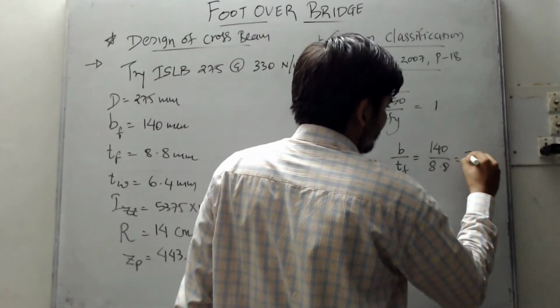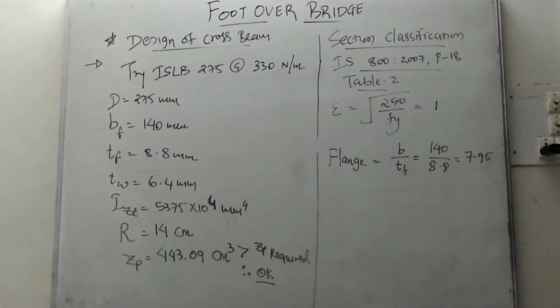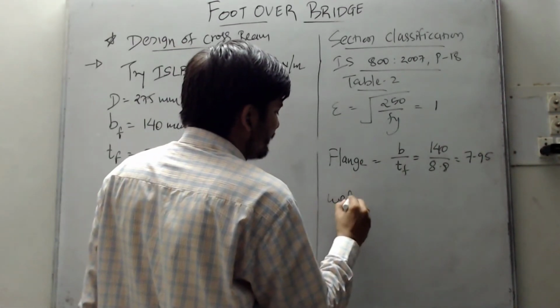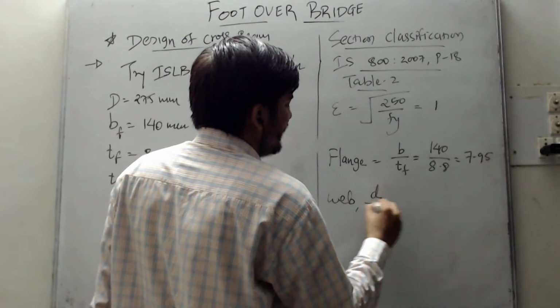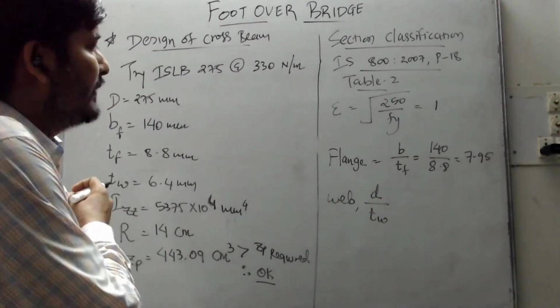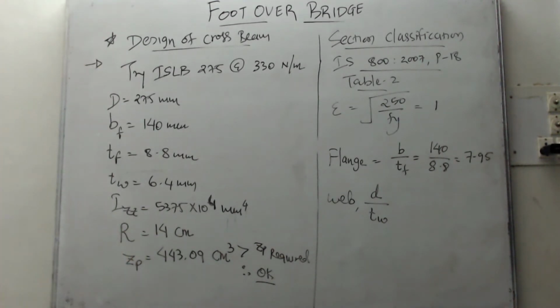Right? Then we need to check it for the web also. So for web we need to check the ratio of D divided by TW. In the depth I need to deduct the width of flange.